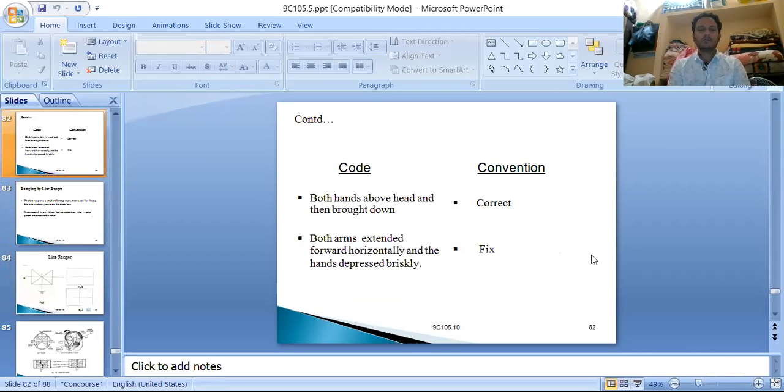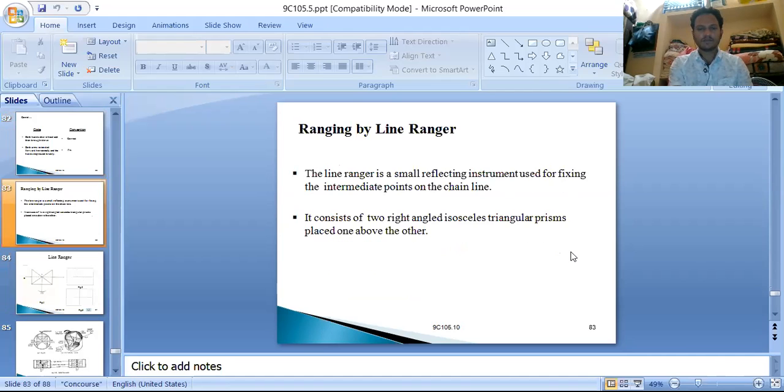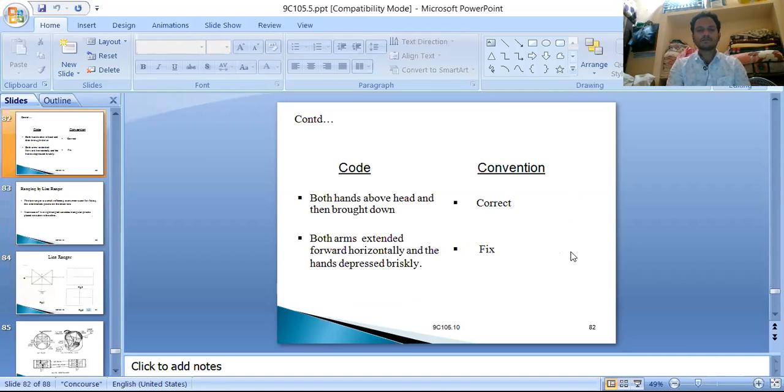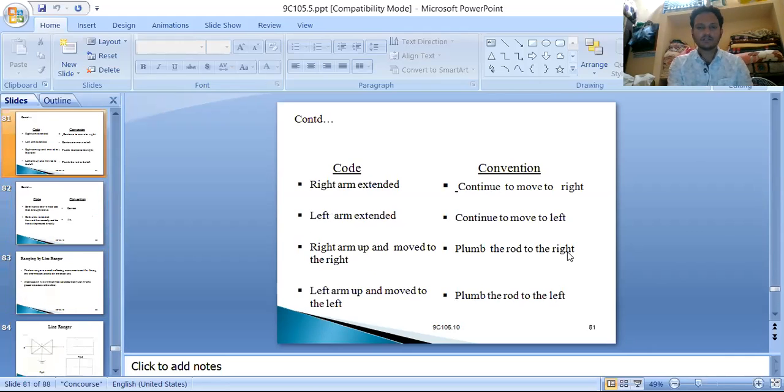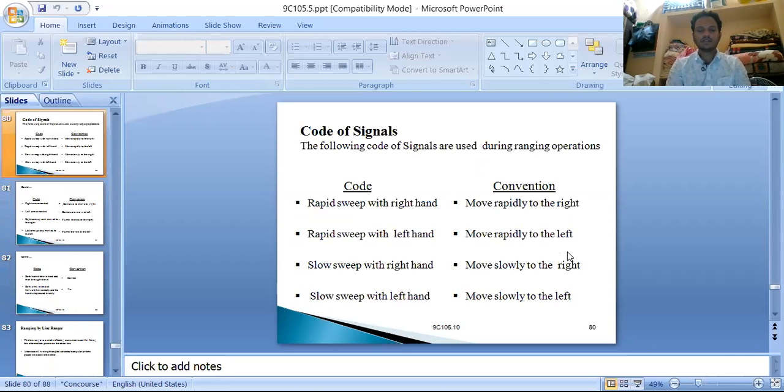Both hands above the head and then brought down means the point is correct. Both arms extended forward horizontally and the hands depressed briskly means fix the ranging rod at that point. So these are the different signals being used in a chain survey.